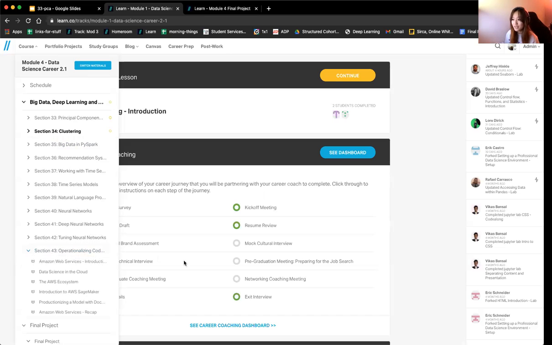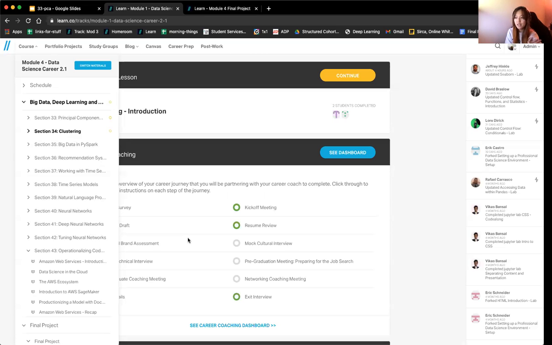And then for AWS, I'm actually not going to be doing a study group. The reason is that when you click into these lessons, they're linked to the AWS tutorials that teach you exactly how to use their platform, and I don't think it makes sense for me to go over the same steps. But during any of the office hours or one-on-ones, I'm happy to answer questions if you're running into issues.